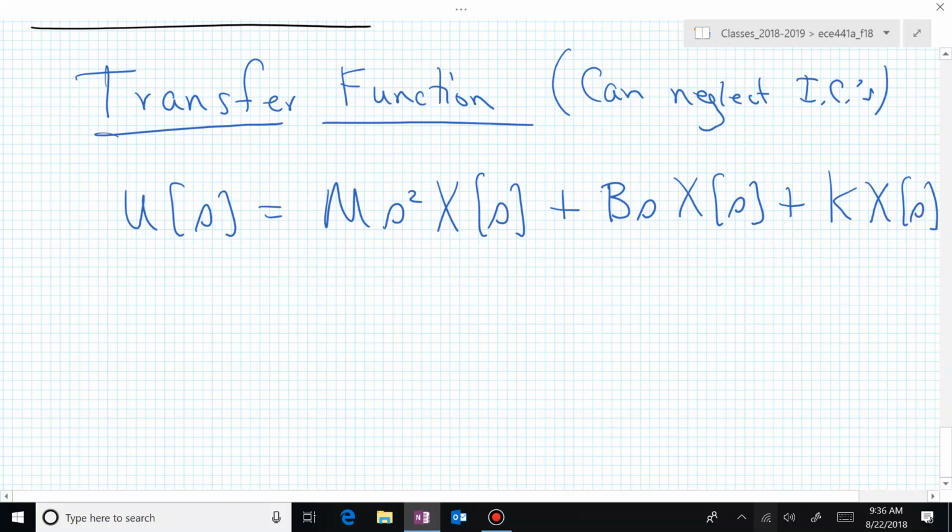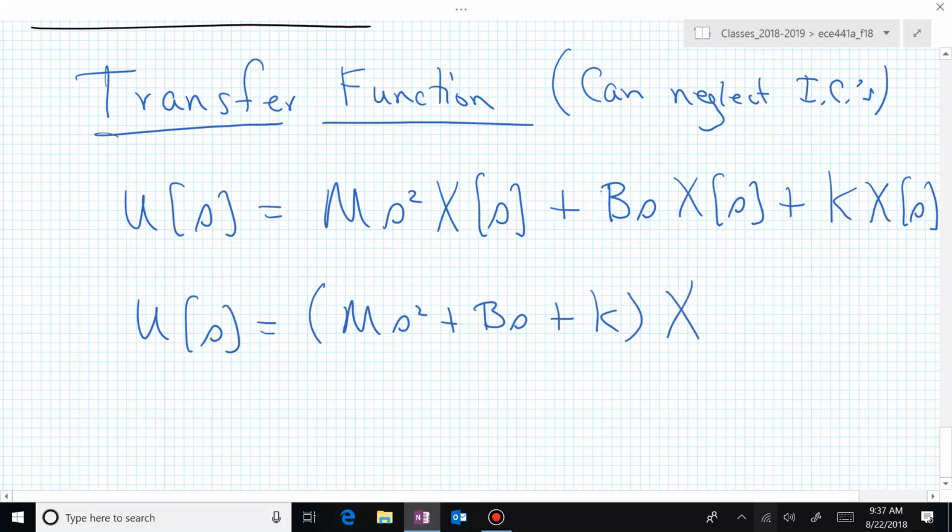The position and all of its derivatives, the position's Laplace transform is just capital X of s. So let's now isolate those by factoring. We have U of s is equal to m s squared plus b times s plus k, all times capital X of s.